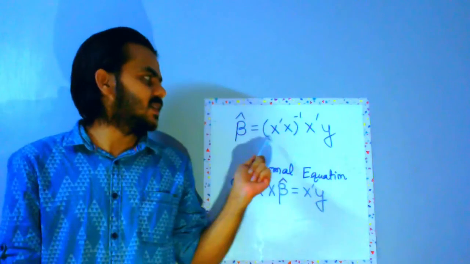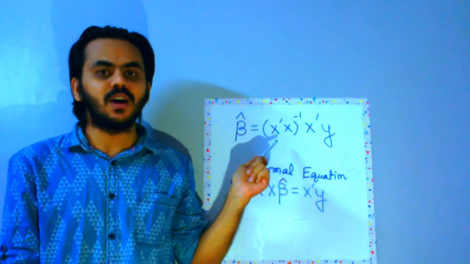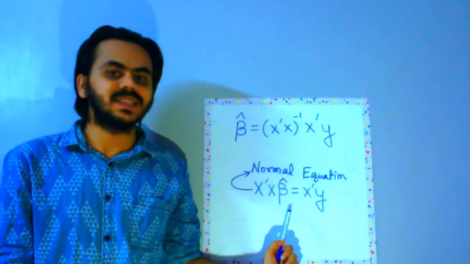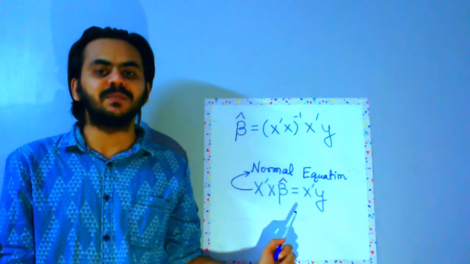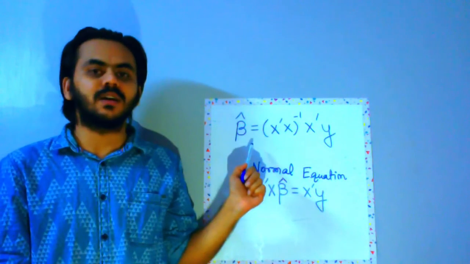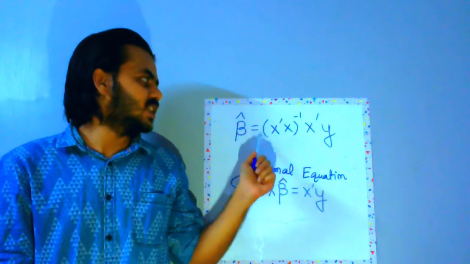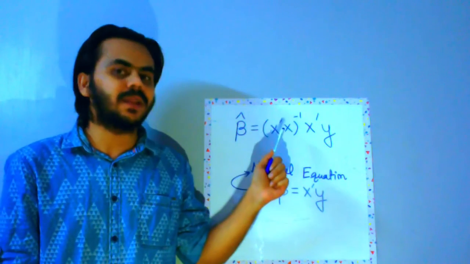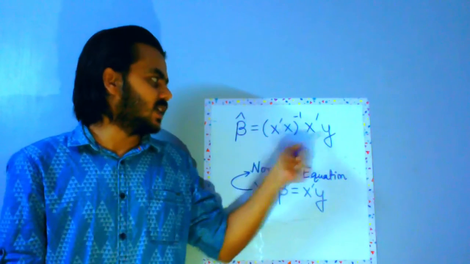Hence, this is the estimate for beta or beta hat, and this is the normal equation which helped you get the estimate for beta hat, which is X transpose X inverse multiplied by X transpose y.